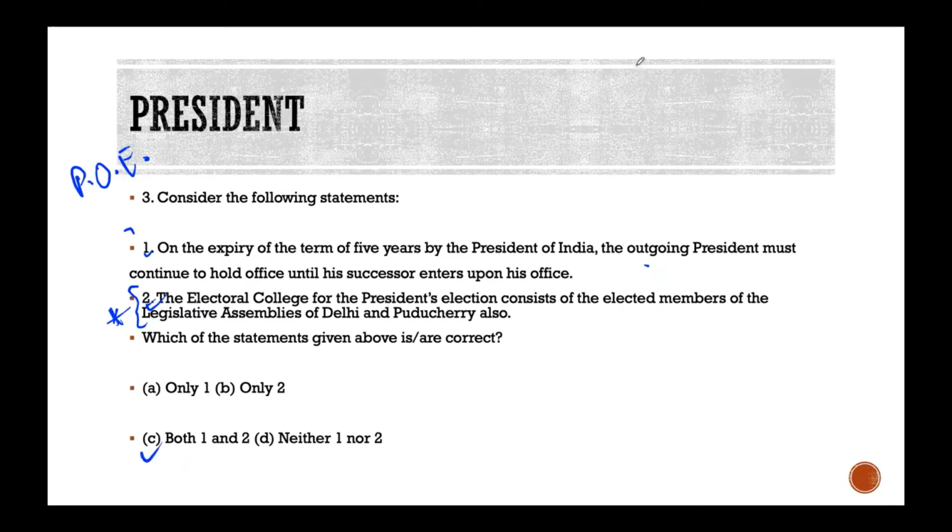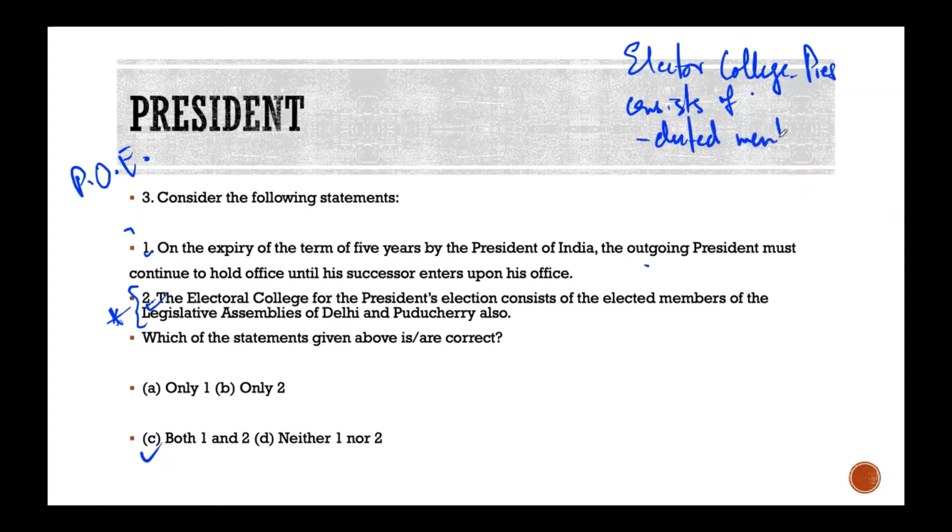Now, if I ask you, the electoral college for the president, of course, consists of elected members of legislative assemblies and members of parliament only.